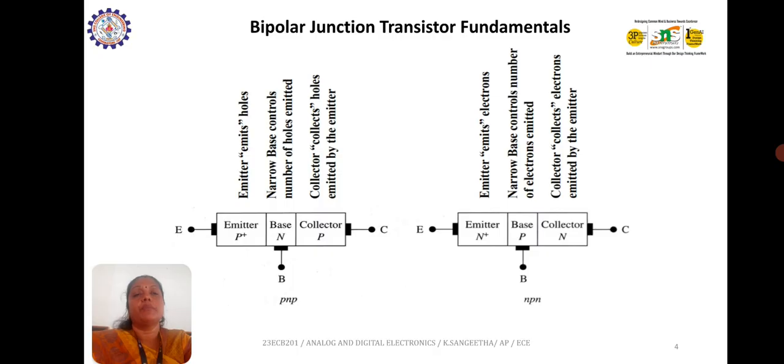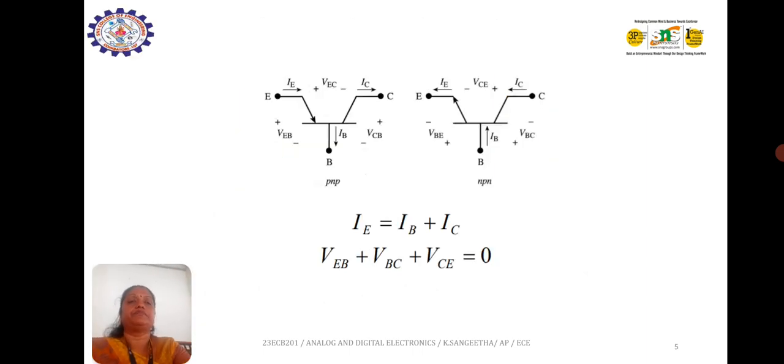It controls the number of holes emitted in the PNP transistor, and the collector collects the holes emitted by the emitter. Similarly, in the NPN transistor, the emitter emits the electrons. The base is a narrow region. It controls the flow of electrons, and the collector collects the electrons emitted by the emitter.